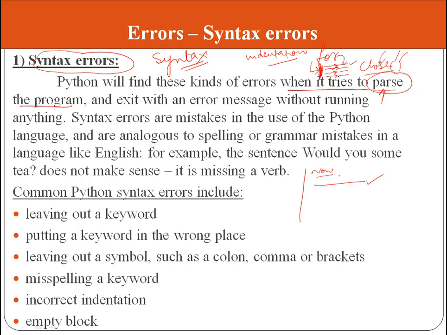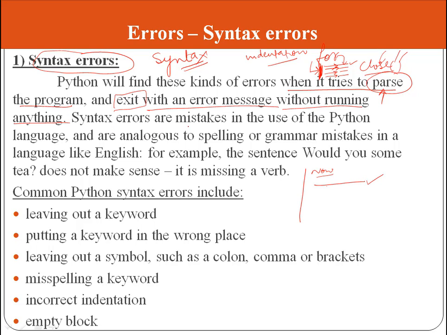If it is not acceptable, then it will exit with an error message without running anything, because there is a syntax error. Till all the syntax is correct, it will not run. It will always give you an error message.